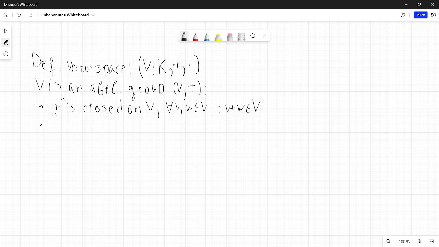Then we get plus is associative on V, plus is associative.